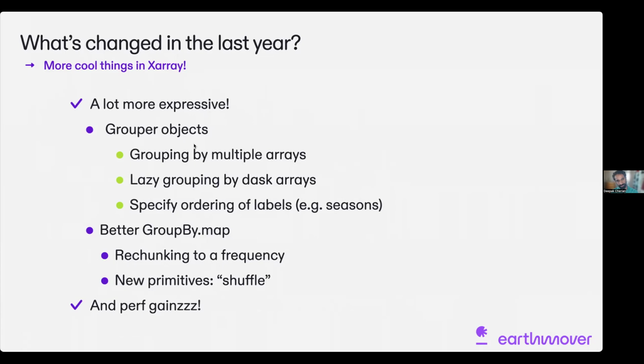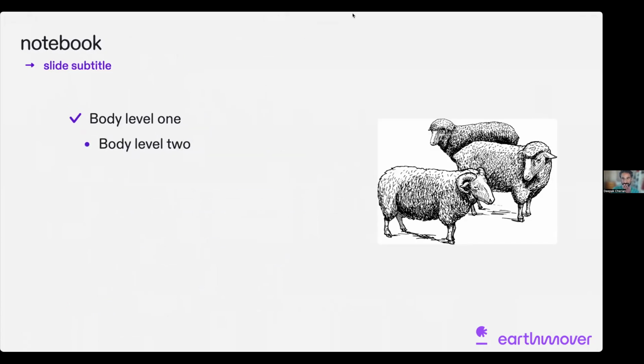And hopefully, you'll be able to do even more complex things in the future, but with a very nice API. There's some performance improvement stuff, but I'm not really going to talk about that today. It's going to be all about this expressiveness and how much more you can do today than you could do yesterday. So I'm going to switch over to a notebook. Quickly share my screen.